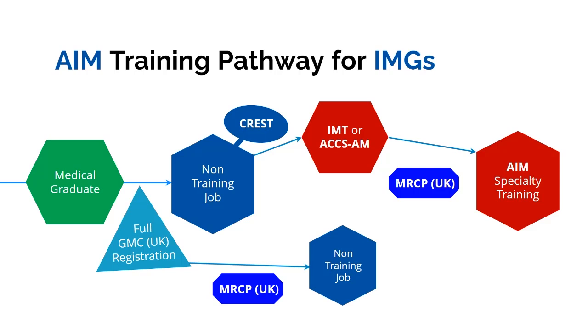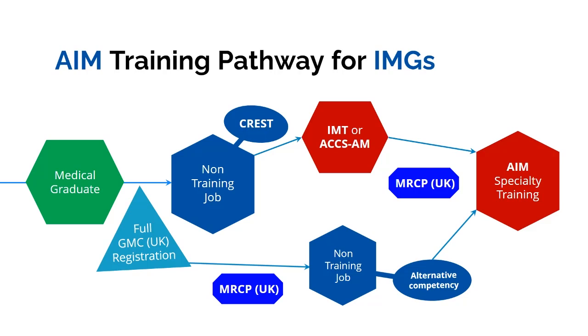Or you can work for six months as an SHO to understand everything, and then work as a non-training SPR or registrar post. Your target in that registrar post will be to gain all the things mentioned in the alternative core competency form. If you can get that form signed by a consultant, you can think of applying for acute specialty training, the higher specialty training.